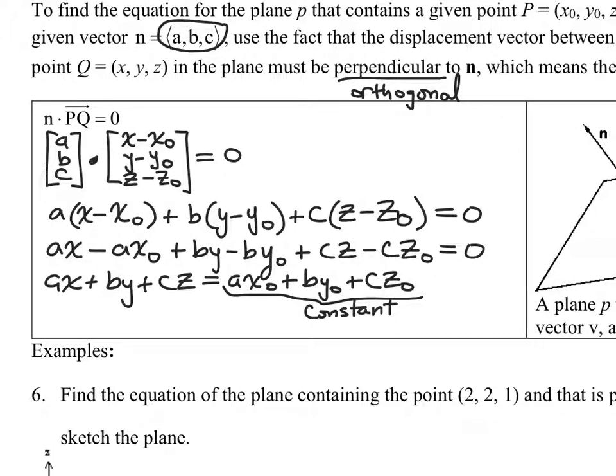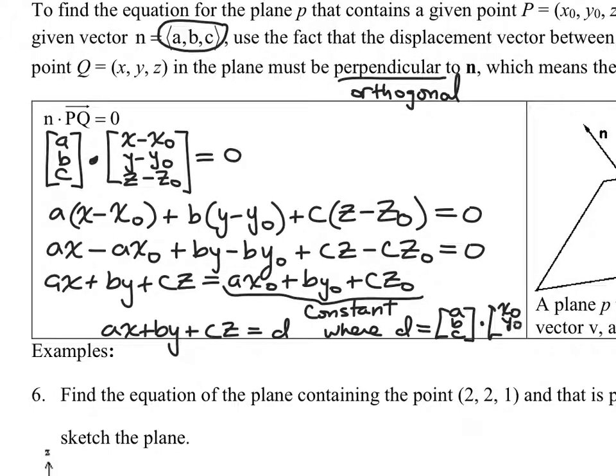So what those textbook writers do is say, well, we don't really need to know that piece of information in all cases, so we're just going to call that D, just to have a more concise formula, where D is equal to the dot product of ABC and X sub O, Y sub O, Z sub O.